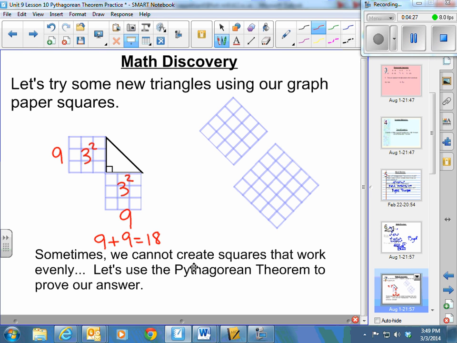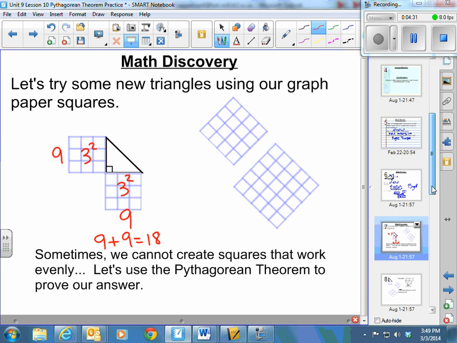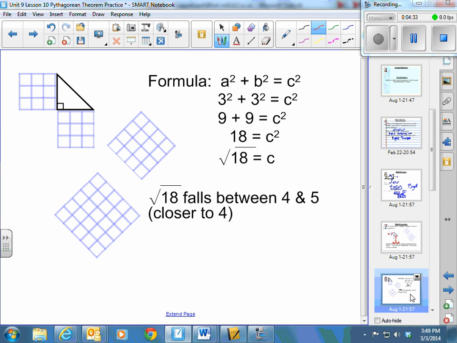So basically on this one, what's happening is, if we look at the next slide, you notice that you have the 3 squared plus the 3 squared, so that's 9 plus 9, 18 equals c squared. So you would have to find the square root of 18. And we know that the square root of 18 falls between 4 and 5, so it's going to be closer to 4.